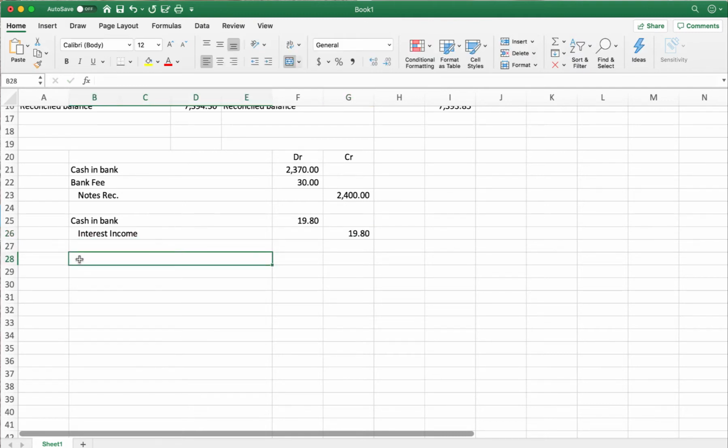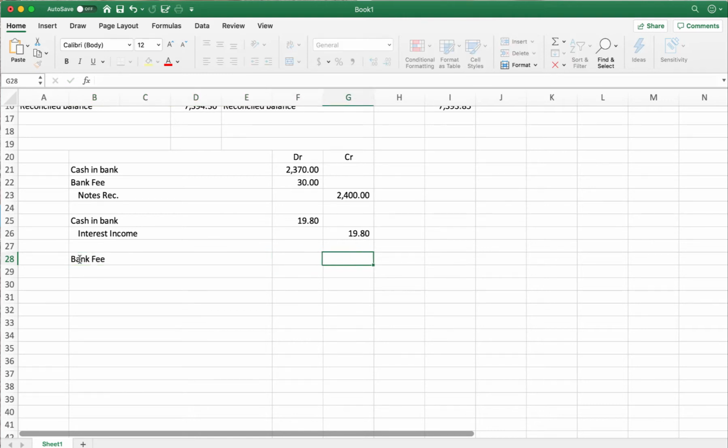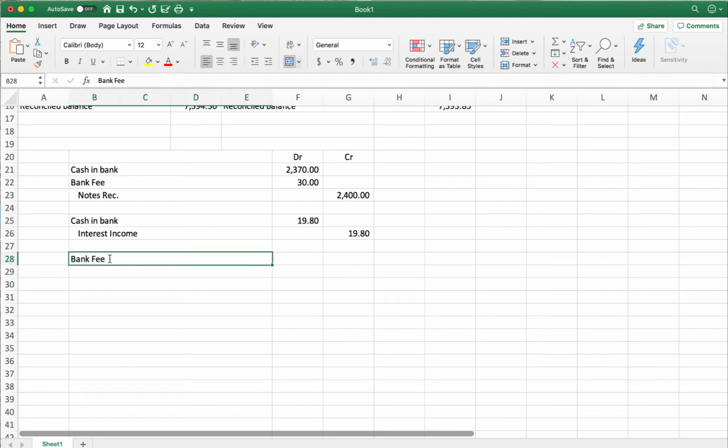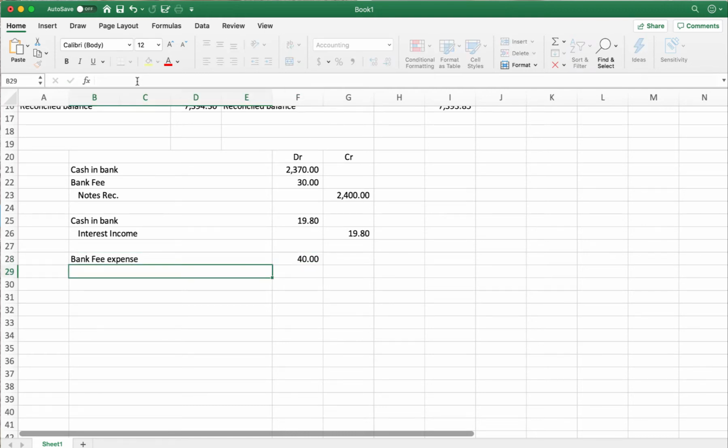Okay? The next thing we need to book is the bank charge that they charged us, right? They charged us $40. So I'm going to say bank fee. Actually, let's say bank fee expense for $40. And I'm going to credit cash in bank.